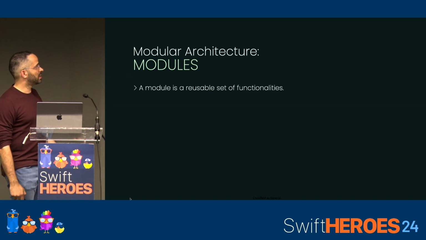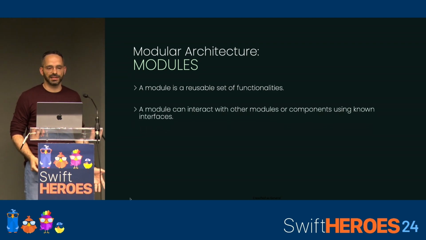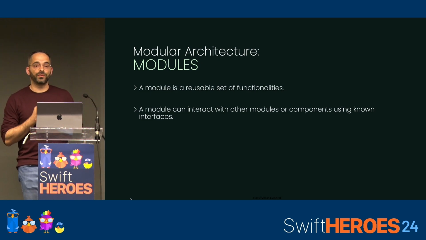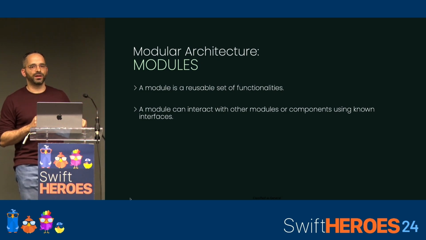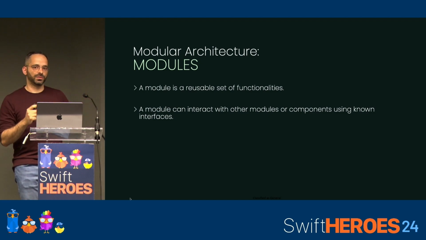The unit of modular architecture is modules, which is a reusable set of functionalities that can interact with other modules through known interfaces. And this is very important. A feature module should never depend directly on another feature module.